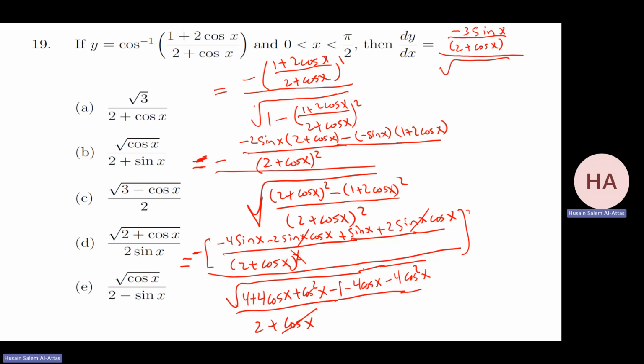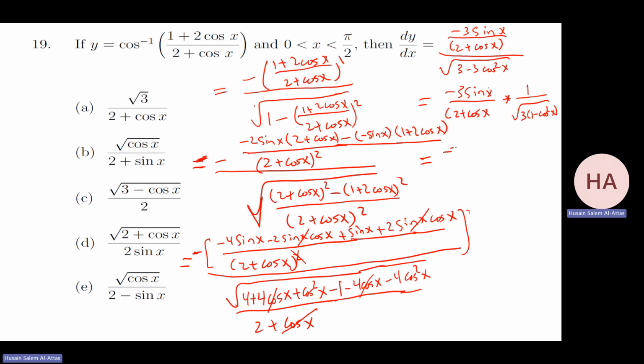What do I have left here? This cancels. I have 3 minus 3 cosine square x, and that is minus 3 sine x over 2 plus cosine x times 1 over the square root of 3 times 1 minus cosine square x.